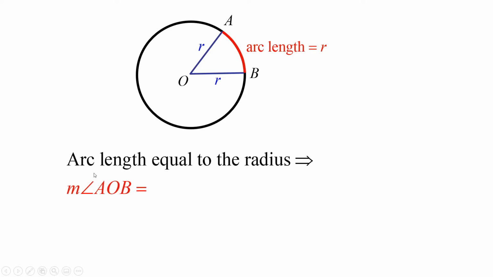Okay, so the measure of angle AOB, and remember how you do angle measure here, O is the vertex of that angle, so you have to call that angle AOB or angle BOA. The order doesn't matter as long as your O is in the middle, the vertex of the angle. Okay, so there's the angle right there.